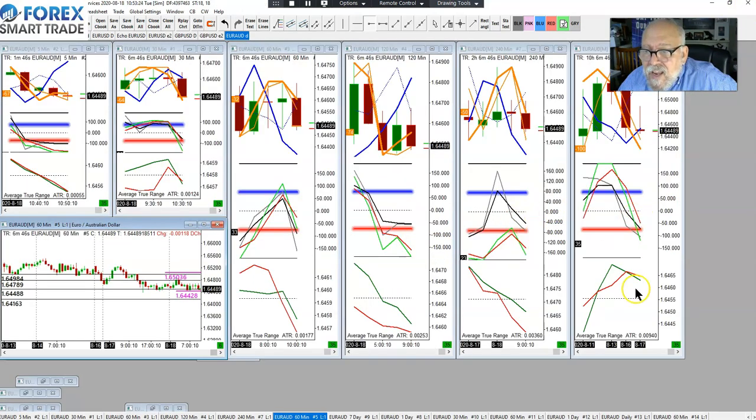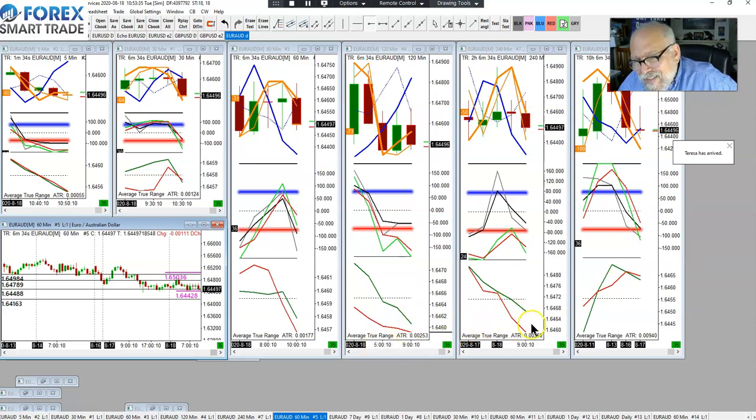Down, down, down, down. We get down pressure. It's weak down pressure because the lines aren't close together. These are starting to converge. The red is steeper here.